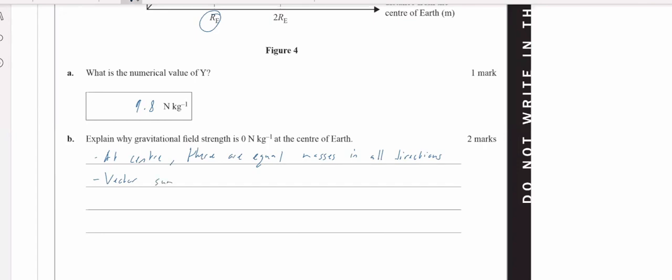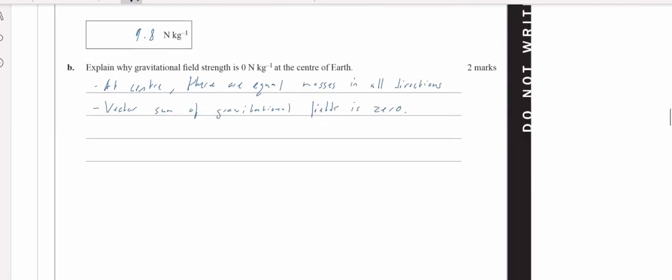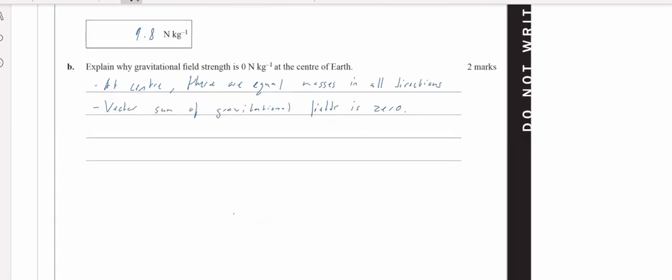So the vector sum of gravitational fields is 0. It's something like if you're in the center, you're attracted in every possible direction.